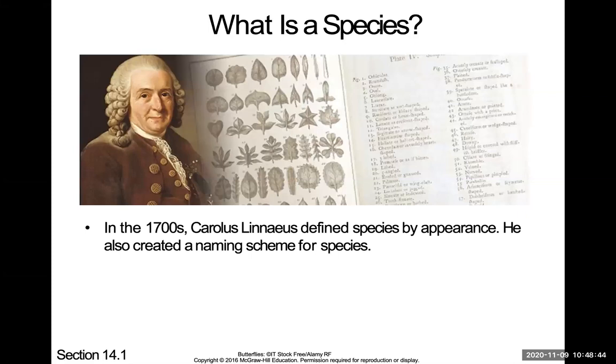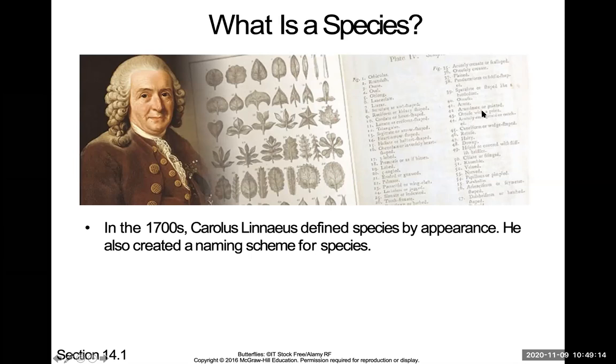Anyway, before we talk about that, there's this person I need you guys to know. There are some very important people we talked about in this class, and this is one of them, Carolus Linnaeus. He studied Latin, and this is his name in Latin. I don't know how else you would say it, but that's his name spelled in Latin. So he defined species by appearance. Here in this picture, if you're looking at 3 species, some of them have very similar looking leaves.